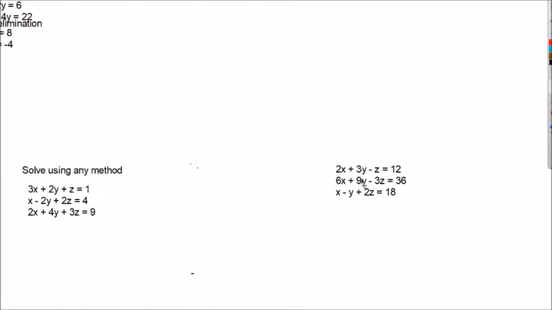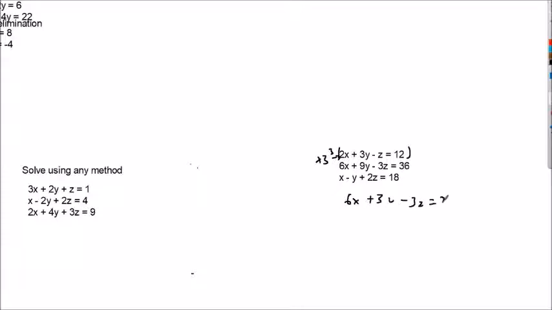So for example, in this one, the best thing to do in math is to look for patterns. In this equation, there's a clear pattern. If you multiply this by 3, you get the same variables, right? For all 3. And you even get the same number: 6x plus 3y minus 3z equals 36.